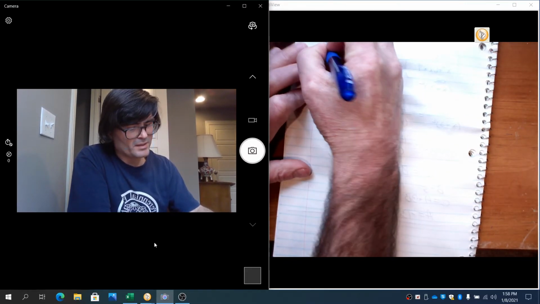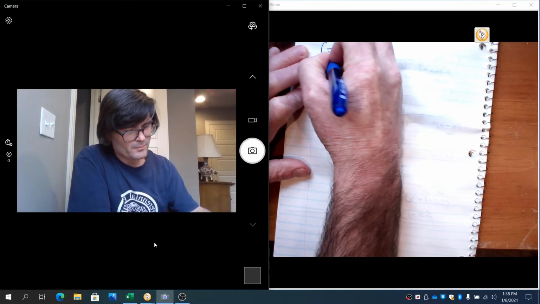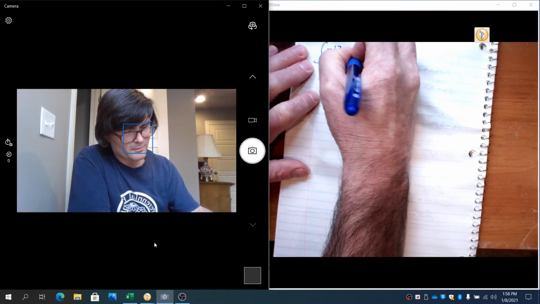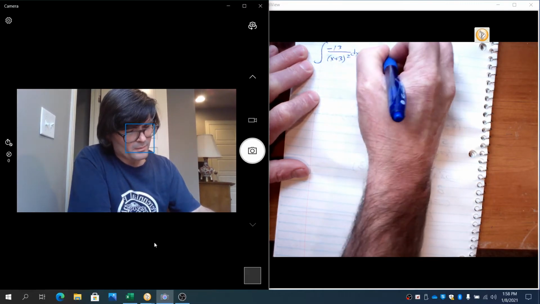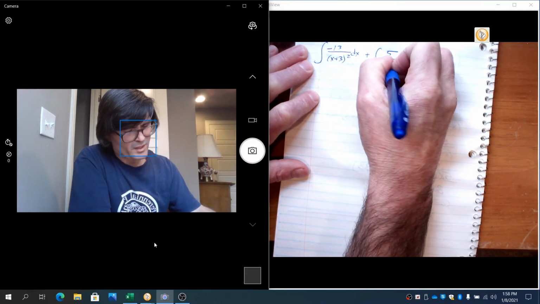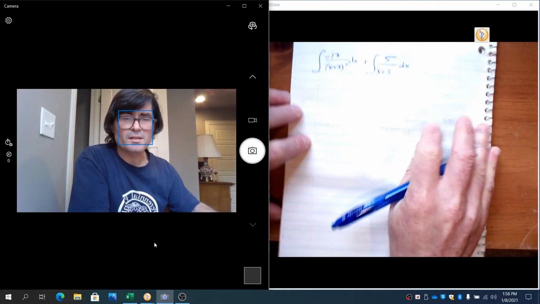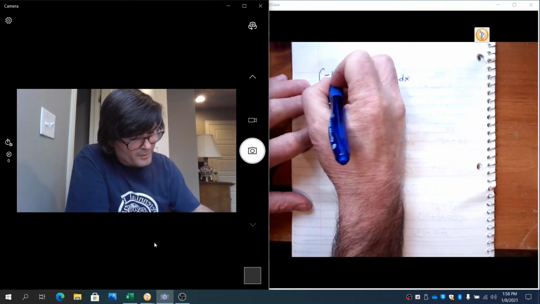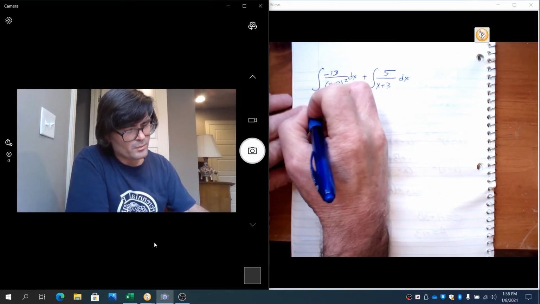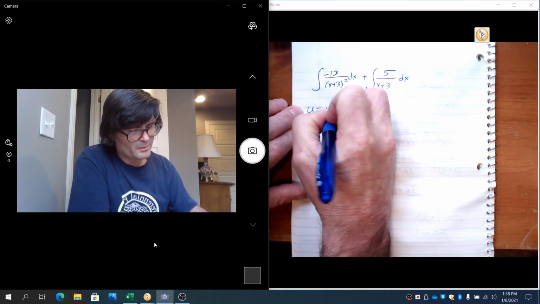We have the integral of minus 15 over (x plus 3) squared, and then 5 over x plus 3.